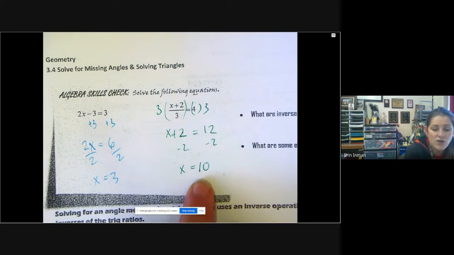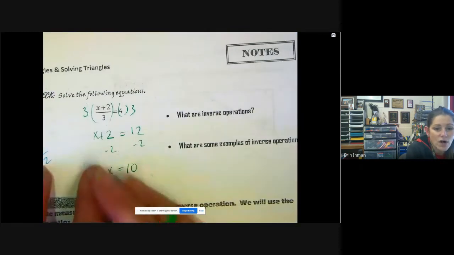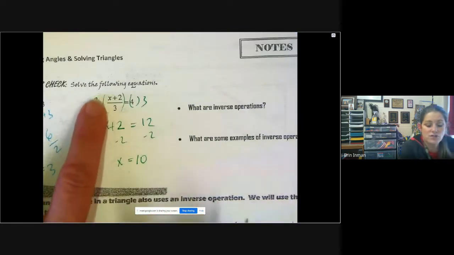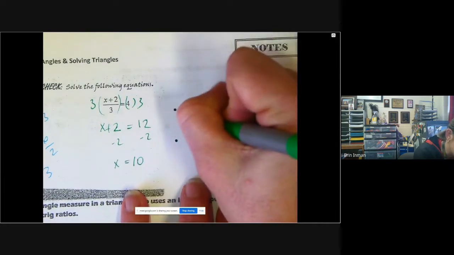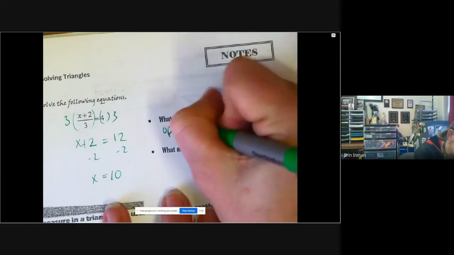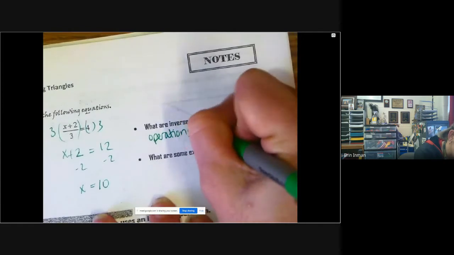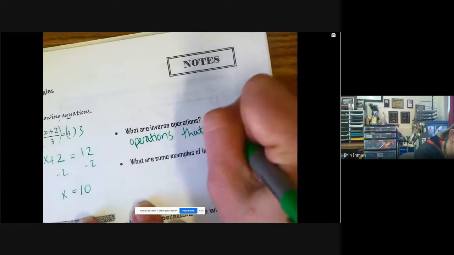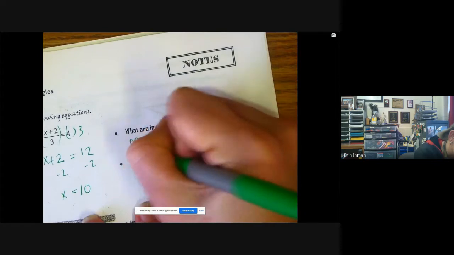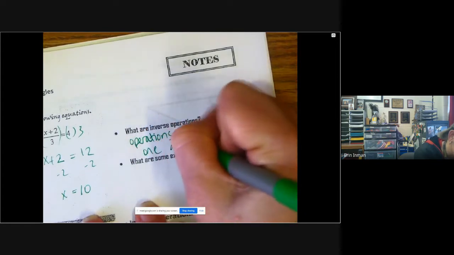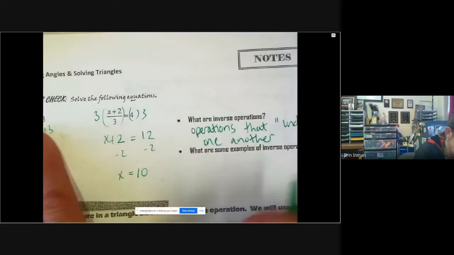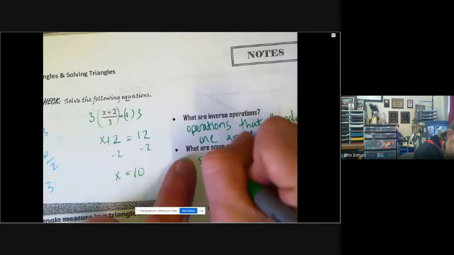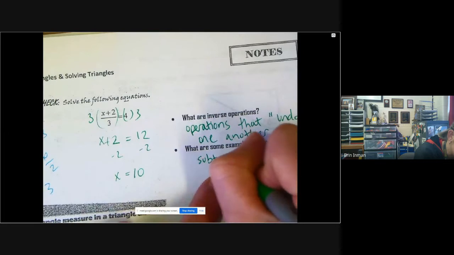All right, so in order to solve for x in this case, we were using the inverse operations, and those are really operations that undo one another. And I'm going to put that in quotes. And so if I think about some examples, well, the first one we had was subtraction, and its inverse operation was addition.